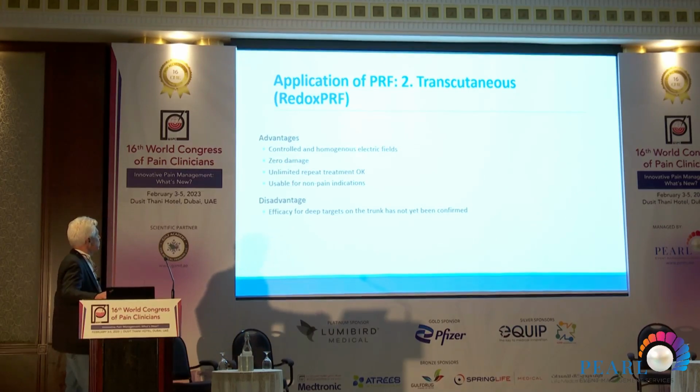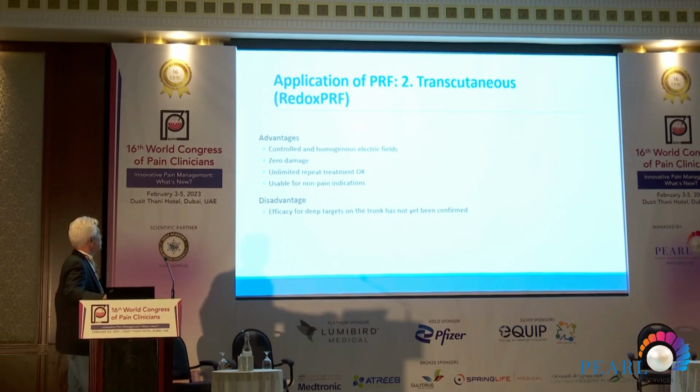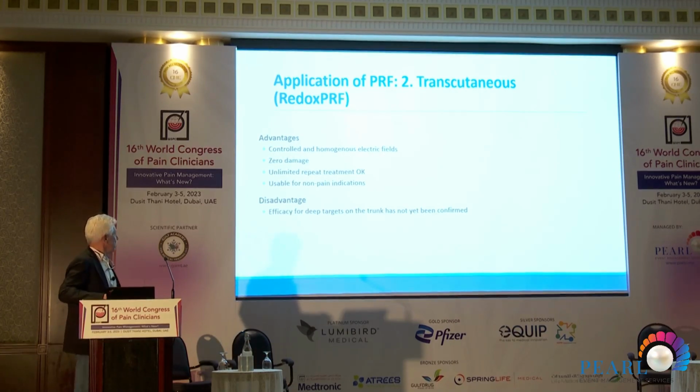The advantage of transcutaneous is that it's controlled in homogeneous electric fields, with zero damage, so it works only on cells which are ill and not on healthy cells. It's very important. You can repeat it. It's also usable for non-pain indications if the tissues are in stress. The disadvantage is that for deep targets, it has not been confirmed whether it helps them.